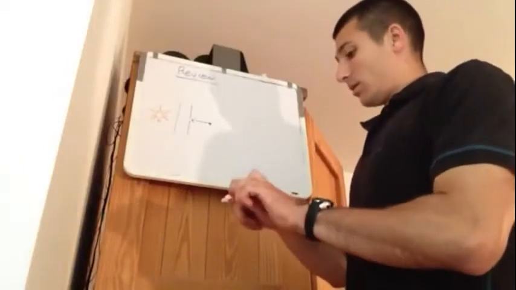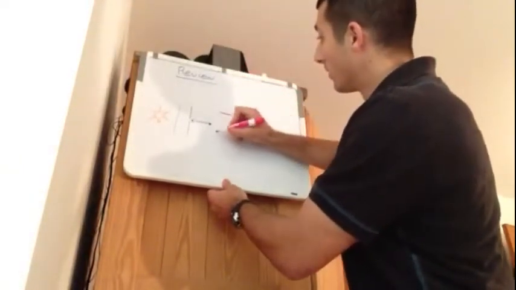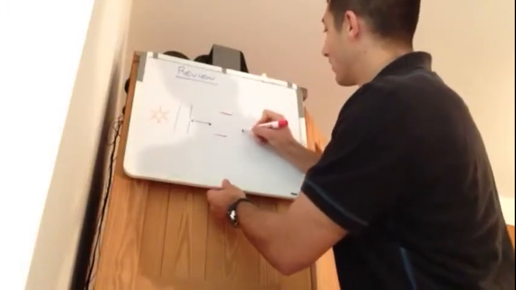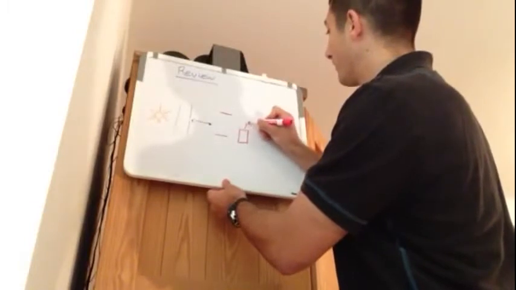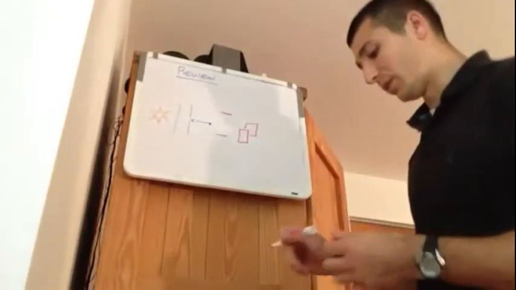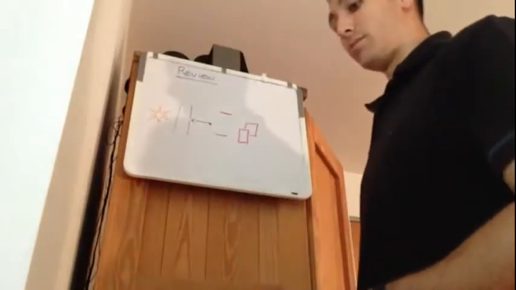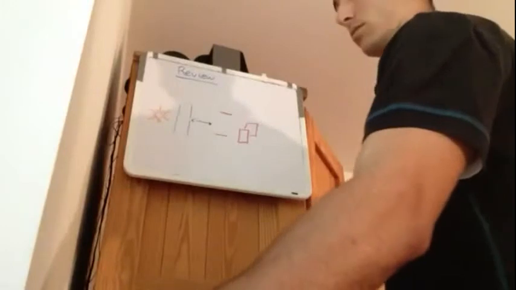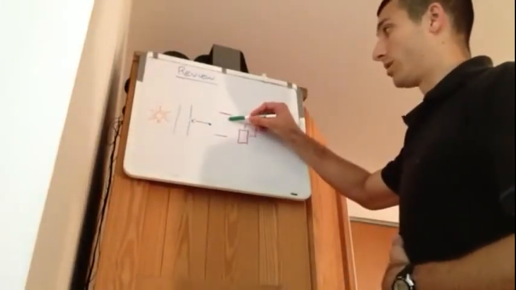Okay, next we have two sets of parallel plates. And those are going to be our deflectors. So each one of the plates, we can adjust the voltage to direct the electron beam. So the first set here is going to be the horizontal plates.